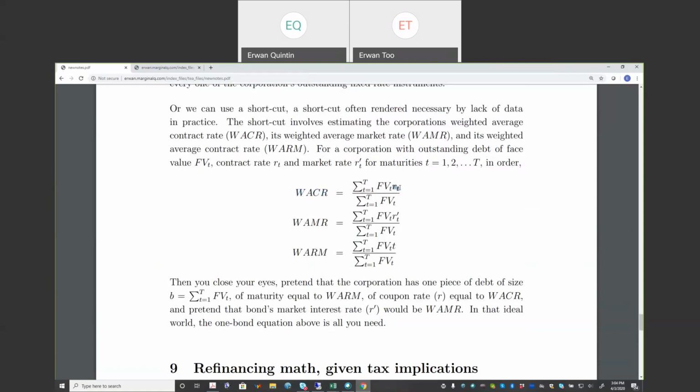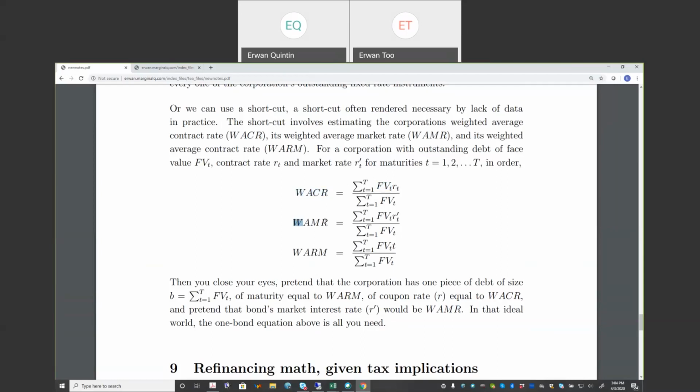It is the average, like I said, of the contract rates on all the pieces of debt that a corporation has, but it's a weighted average, weighted by the face value of the debt that the corporation has at each maturity. So this is basically saying the average dollar of debt for this particular corporation is being charged an interest rate, which is this WACC here.